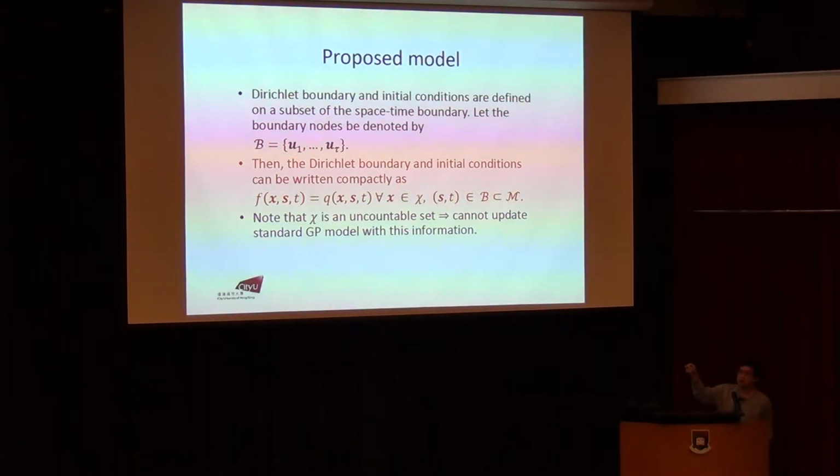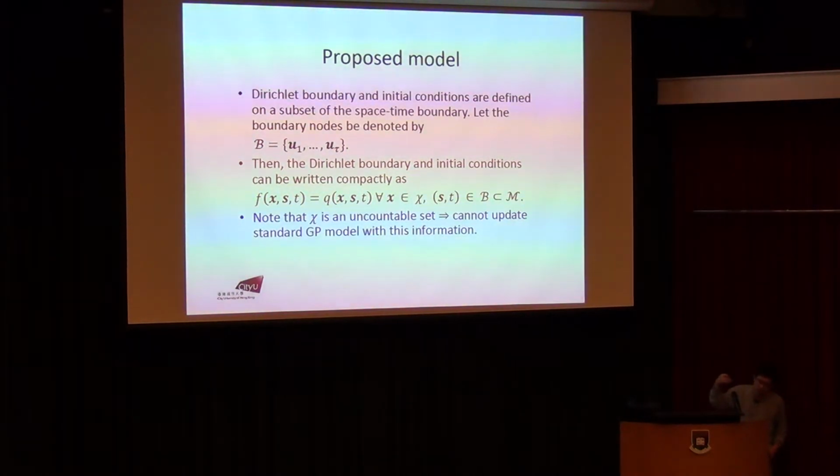Then we can write the Dirichlet boundary and initial conditions compactly in this form: f(x, s, t), the PDE solution at simulator input x, spatial coordinate s, and time t, is equal to some function lowercase q, for all x in the experiment region chi and (s, t) in this finite set B.